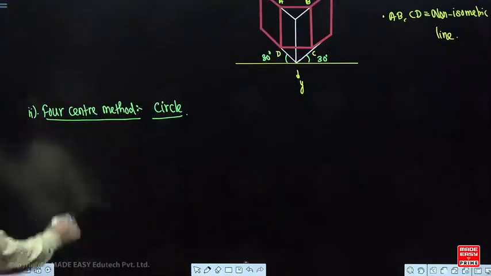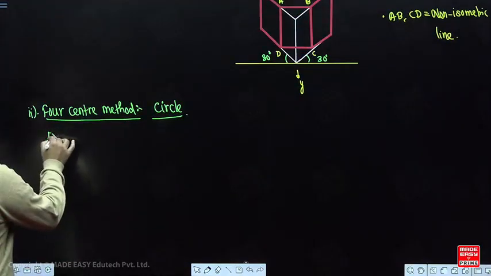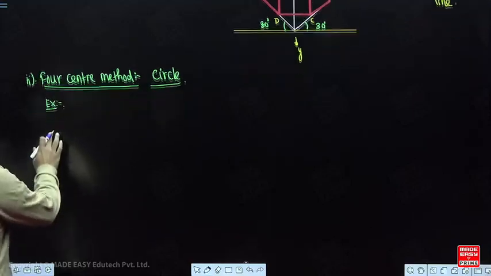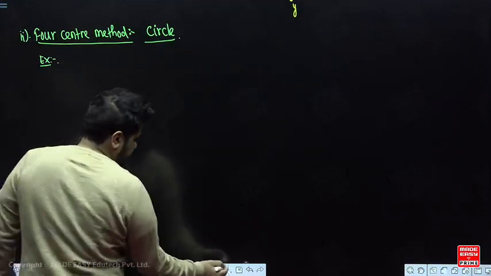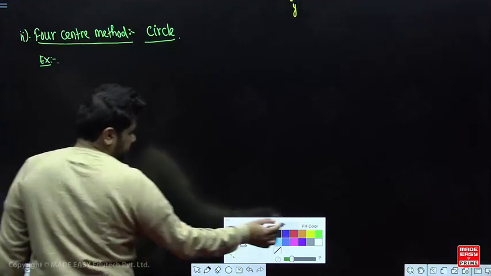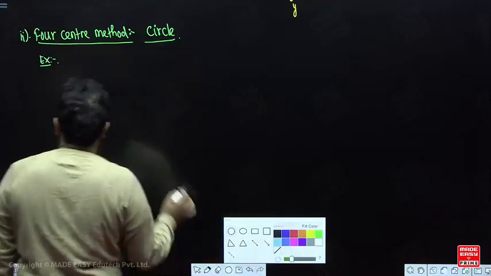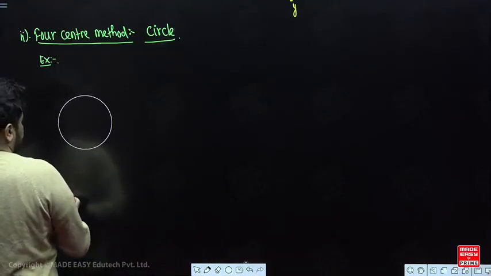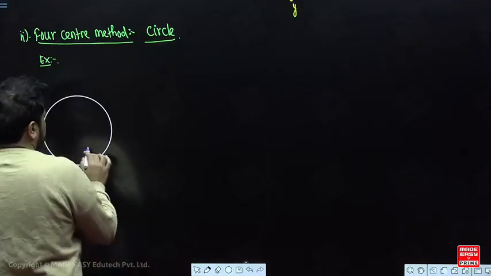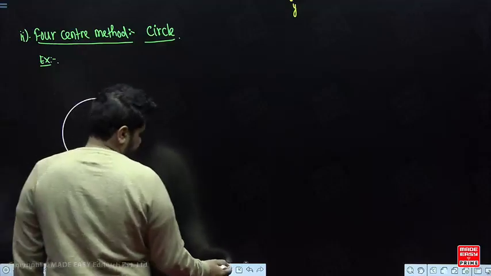For example, देखो कैसे, suppose there is a circle, you are being asked to draw the isometric of this, correct?